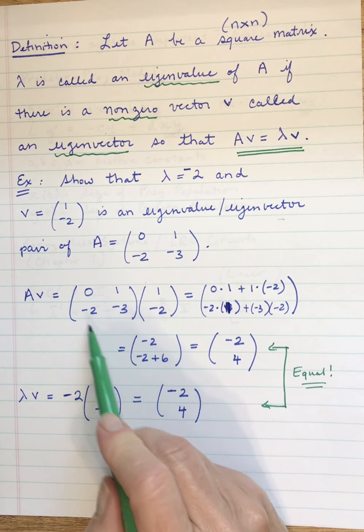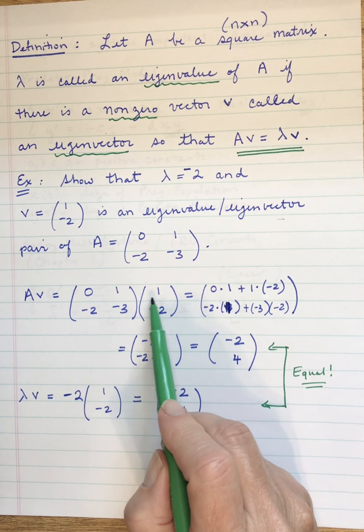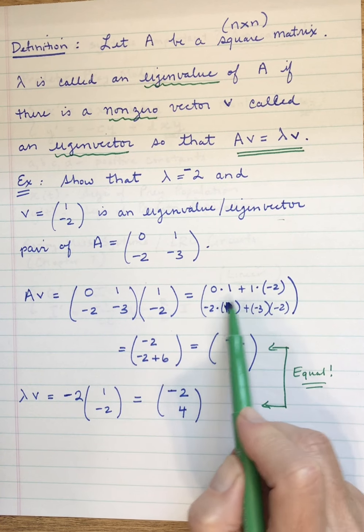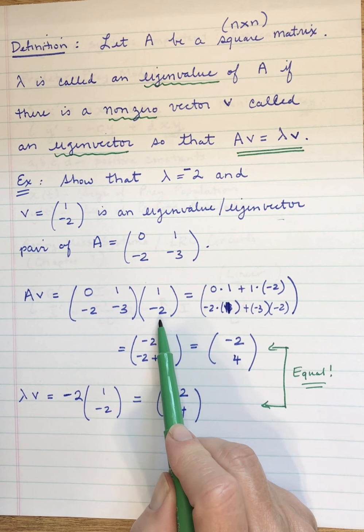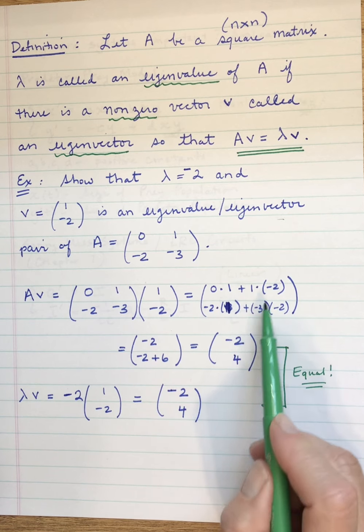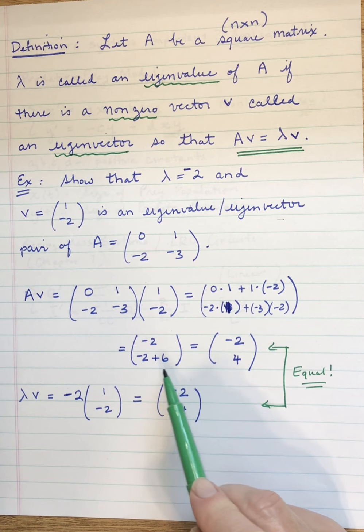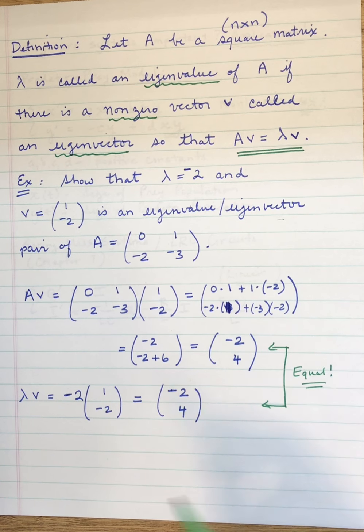Here's our matrix A, here's our vector v. So 0 times 1 plus 1 times -2. -2 times 1 plus -3 times -2. Add these things up. This gives us -2. This gives us -2 plus 6. We simplify to -2, 4.